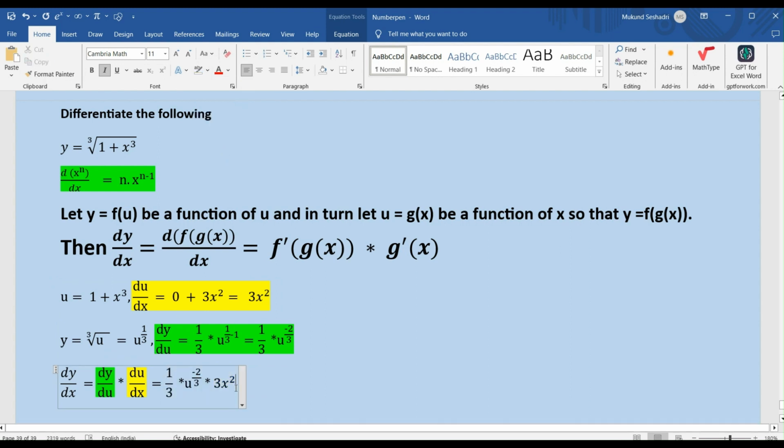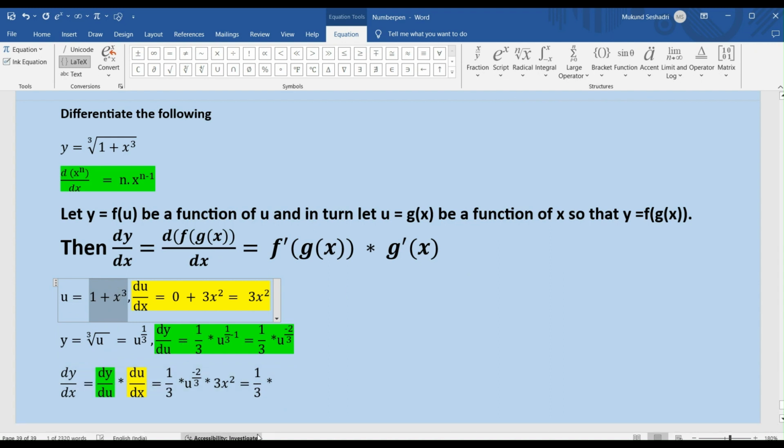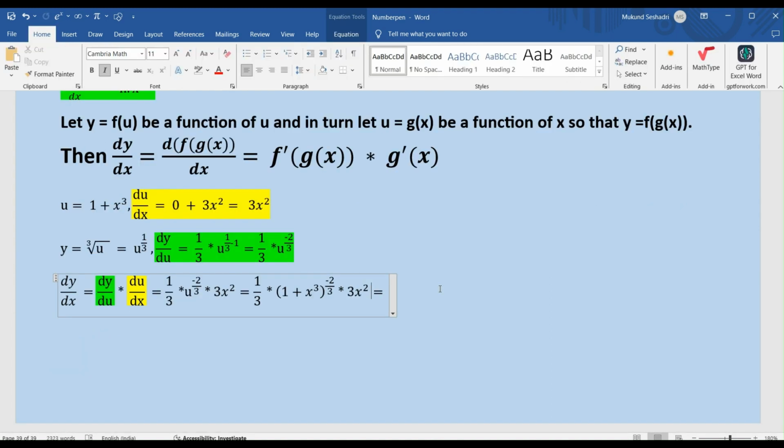So I go back and I do the substitution of u and write everything in form of x, right? So what is my u? My u is nothing but 1 plus x cube, and I write that into 3x square. Notice that my 3 and 3 can be cancelled out, right?